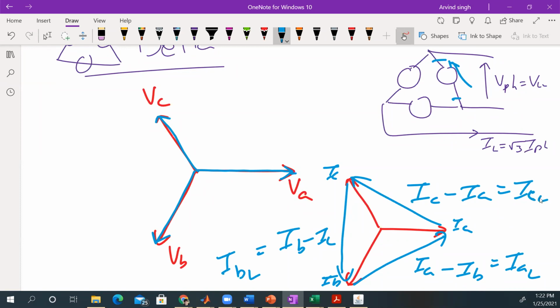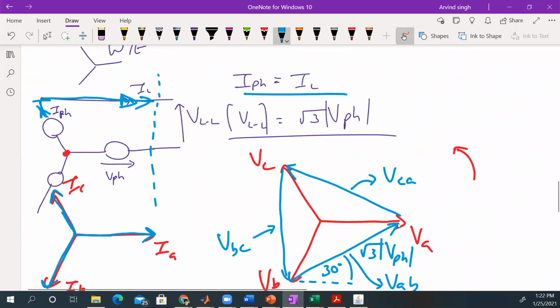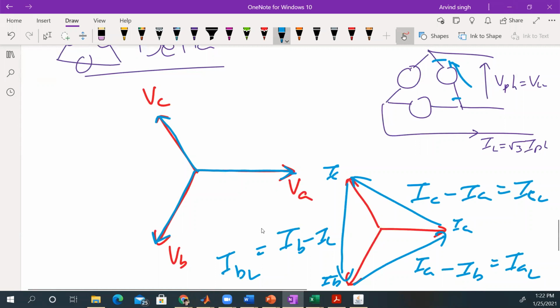Good? So it's just the opposite. It is the analog to the star system with voltage and current. So both are the same sort of thing, we just reverse the diagrams of voltage and current.